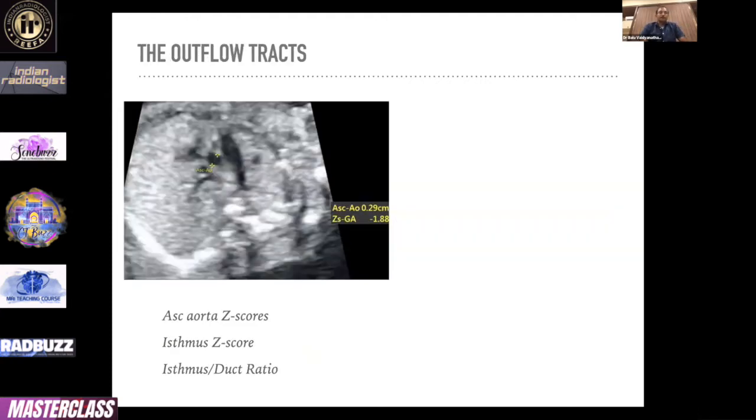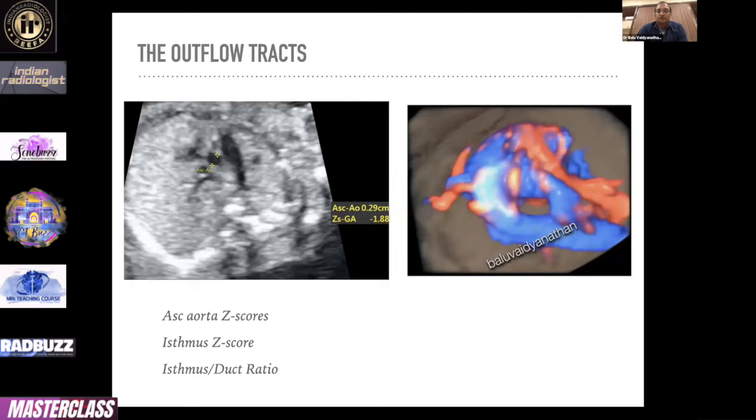Length was within the normal range. The aorta also was small, minus 1.9, but it was small but not very small. But the aortic arch was sort of normal. There is no coarctation. So this was a case where overall the left heart appeared small, but not to the range of hypoplastic ventricles or severe obstruction or coarctation, etc.